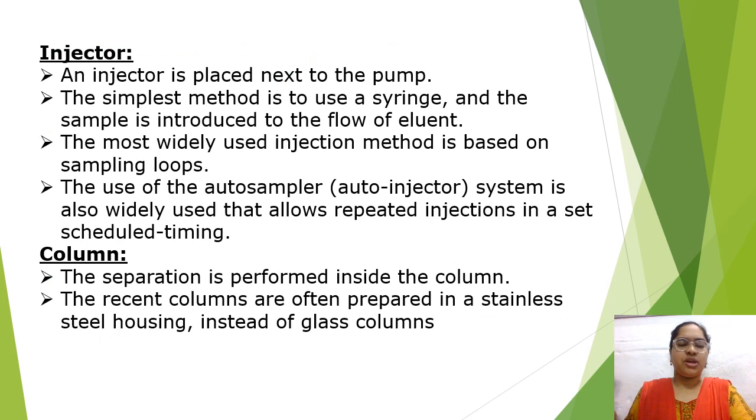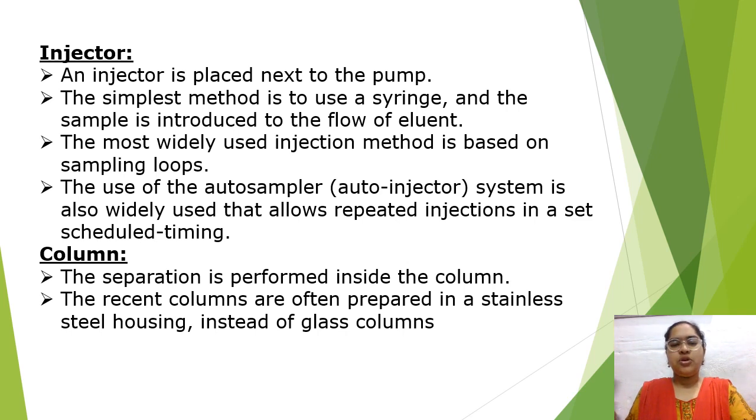Next one, injector. An injector is placed next to the pump. The simplest method is to use a syringe, and the sample is introduced to the flow of eluent. So the injector is situated next to the pump in the diagram, and the simplest method is using a syringe.